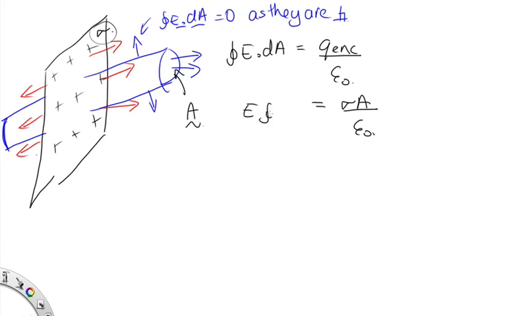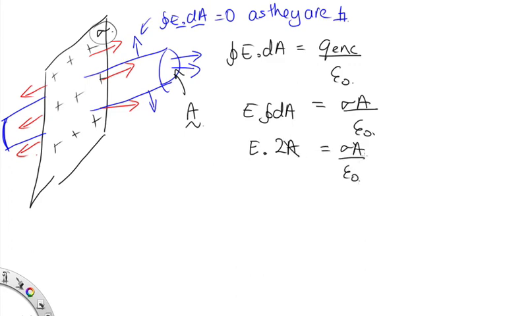So we have E dA, and we've said that this area is A. There's two of them. And in both cases, the electric field and the surface increments are going in the same direction. So these two do not cancel out, they do add together, and so we've got E times 2A is equal to sigma A over epsilon naught.